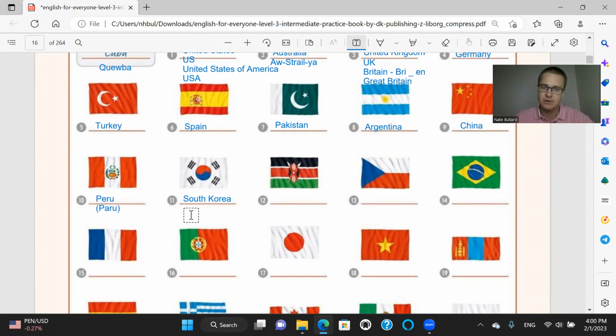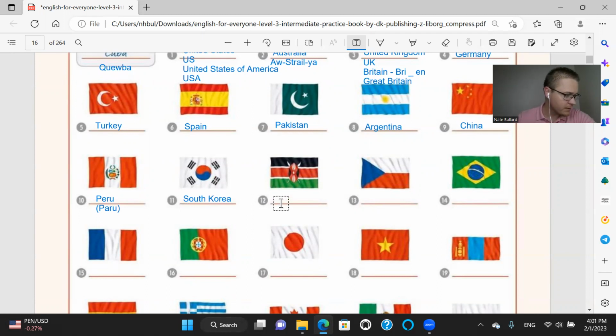Ponemos la dirección primero y después el nombre. Si hay una dirección de un estado o un país, vamos a ponerlo primero. En español sería Carolina del Norte o Carolina del Sur, pero en inglés North Carolina or South Carolina.